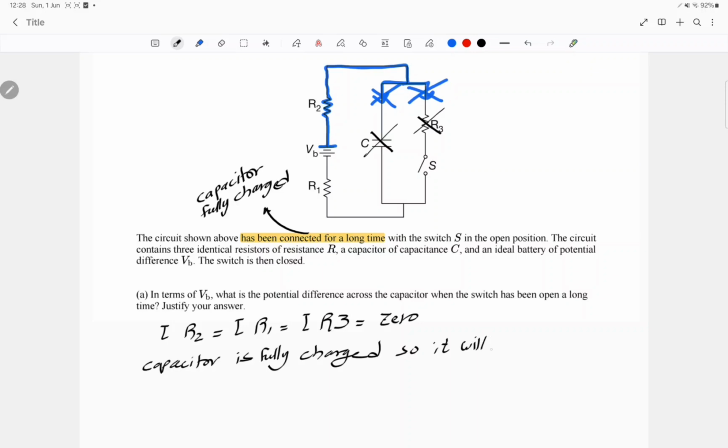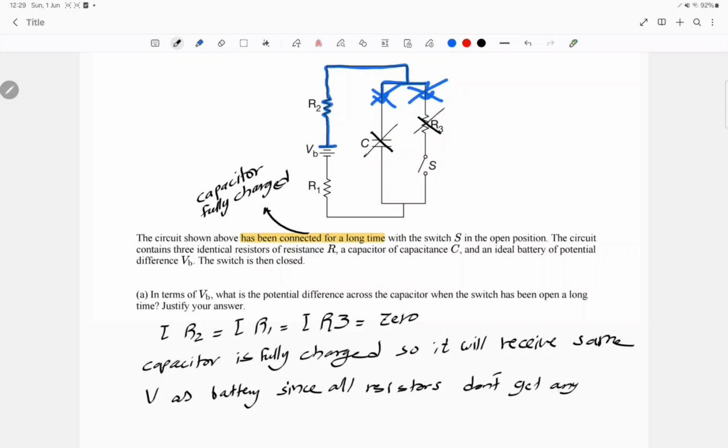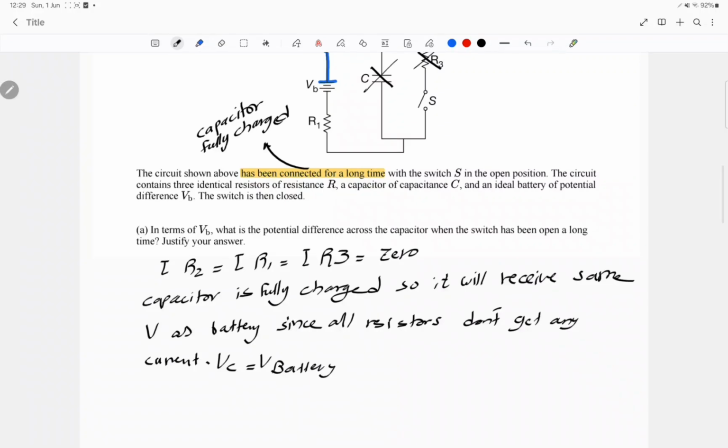So it will receive the same voltage as the battery, since all the resistors don't get any current. Therefore, the voltage of the capacitor is equal to the voltage of the battery, which is called VB.